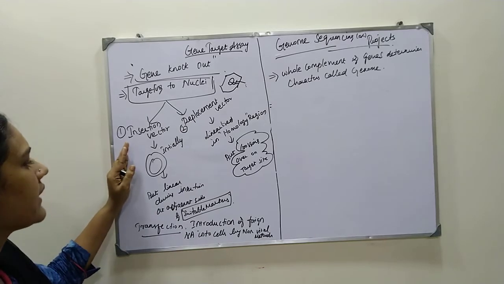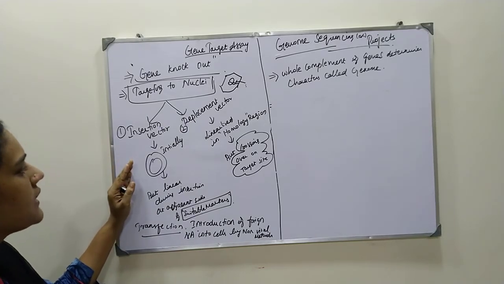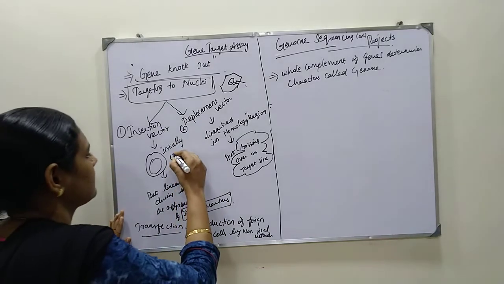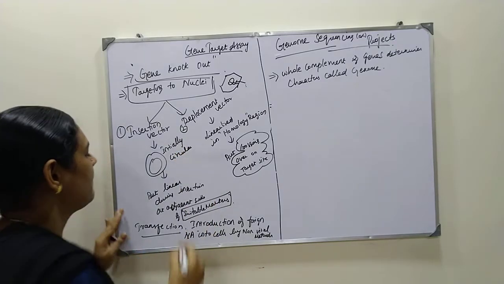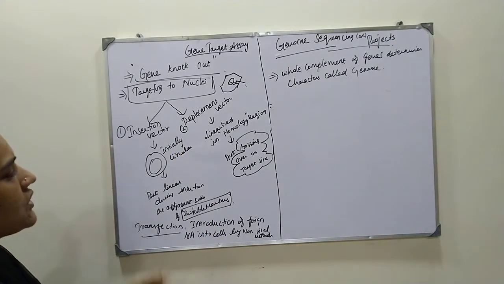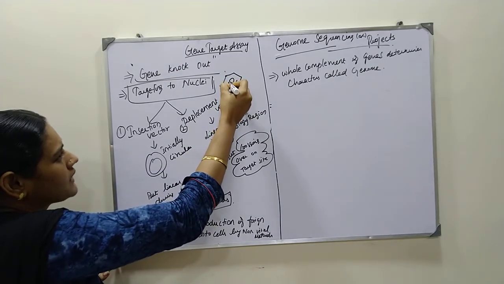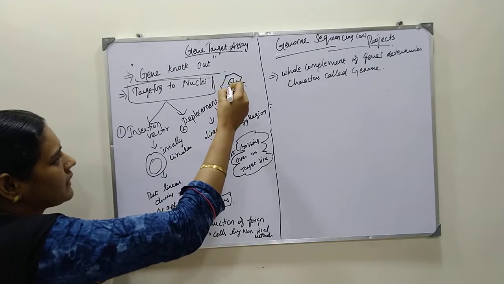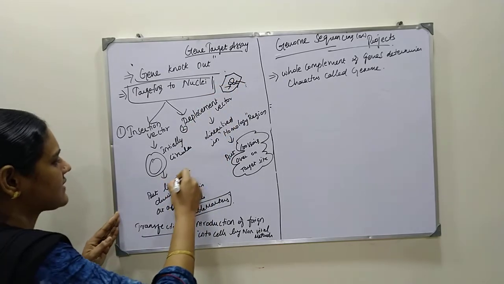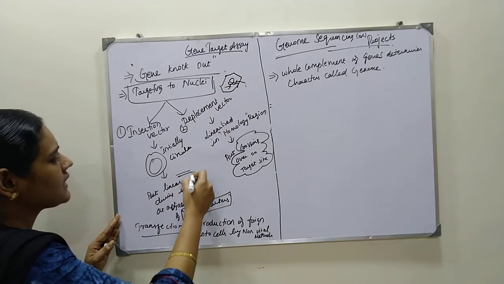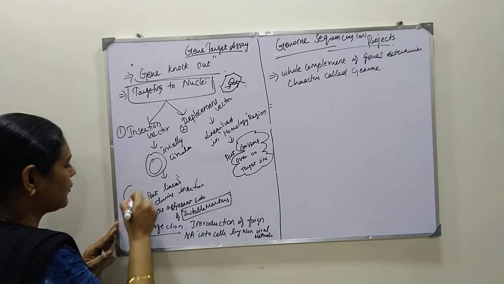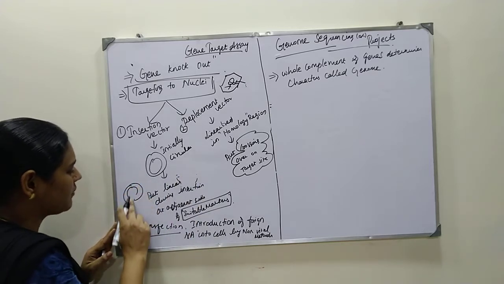The insertion vector, when it is entered into the cell, is initially circularized. It is in the circular form. But when it reaches its insertion place, where it has to insert in one particular place, in that place it gets linearized. Then it is inserted along with the DNA. Suppose this is a plasmid you have studied in the previous videos.